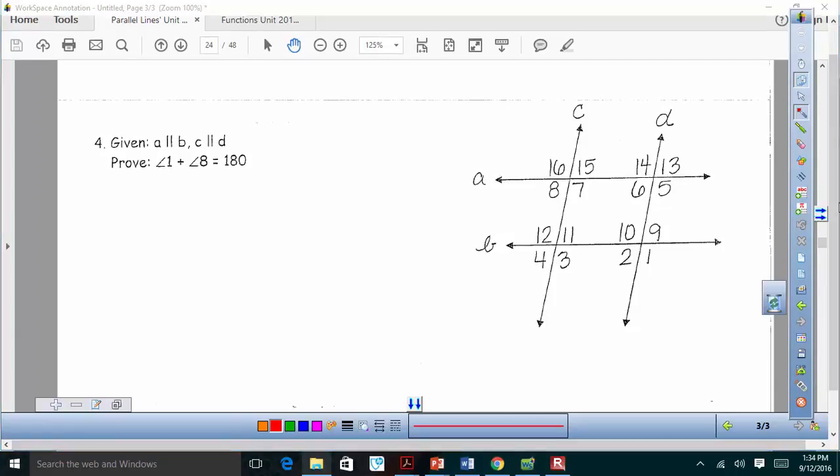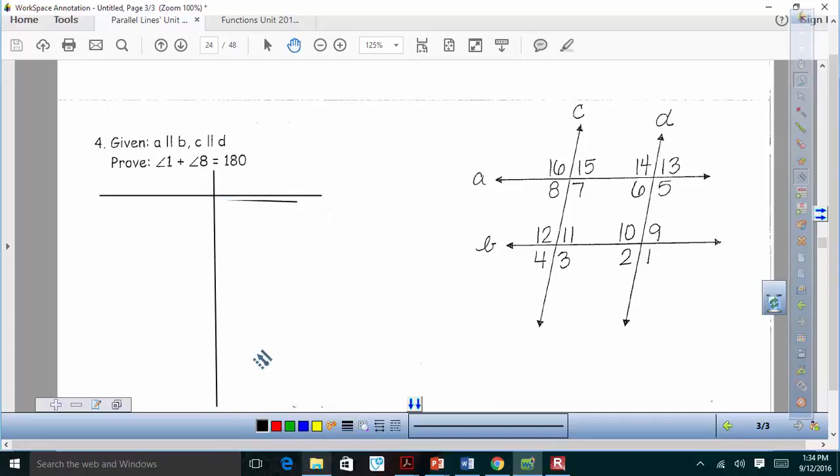Okay, I want to show you example 4 because it's a little bit different. So let's go ahead and draw our T-chart. We need to label it statement and reason. We're going to have, again, 4 steps.